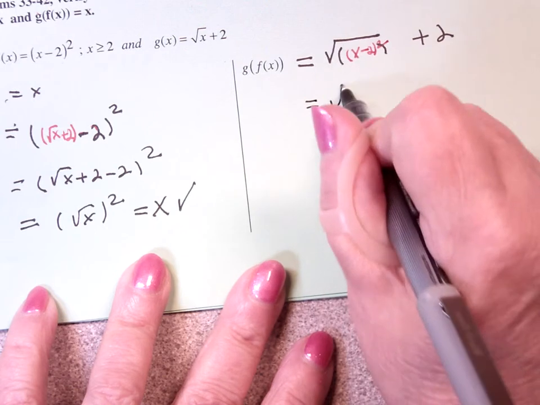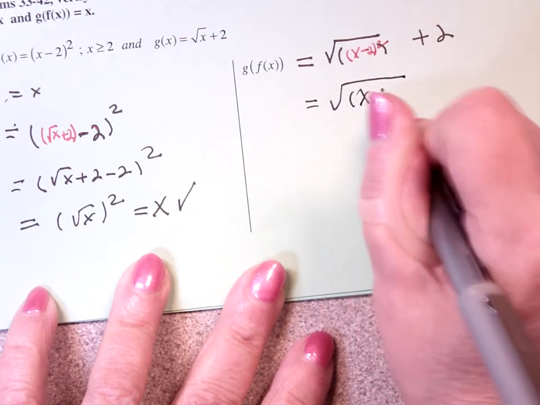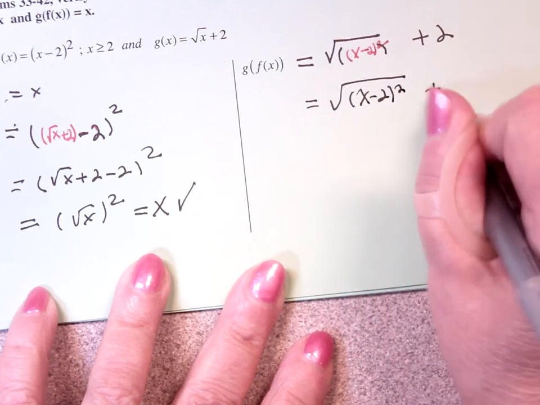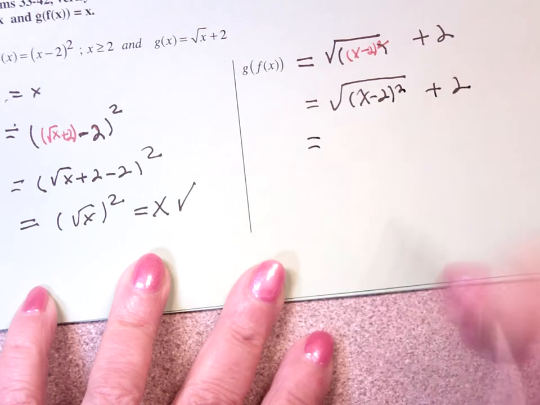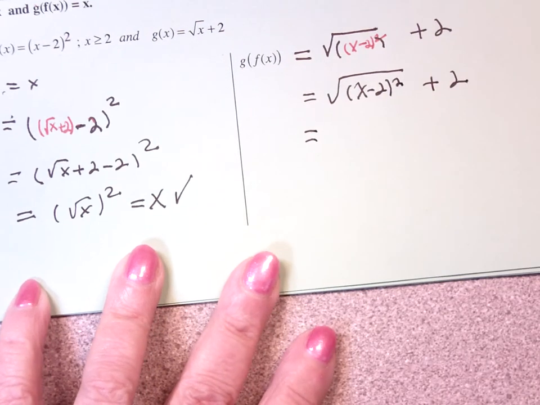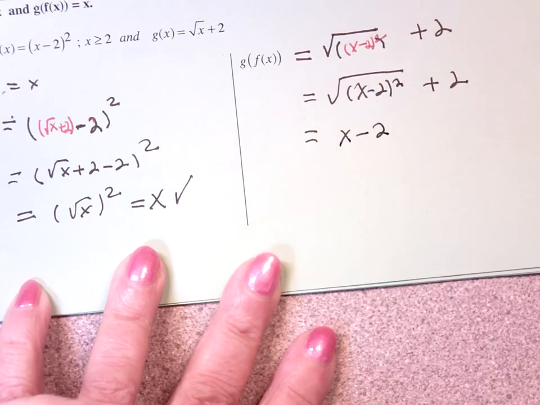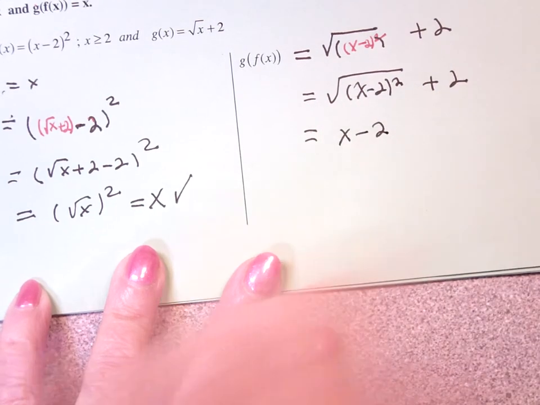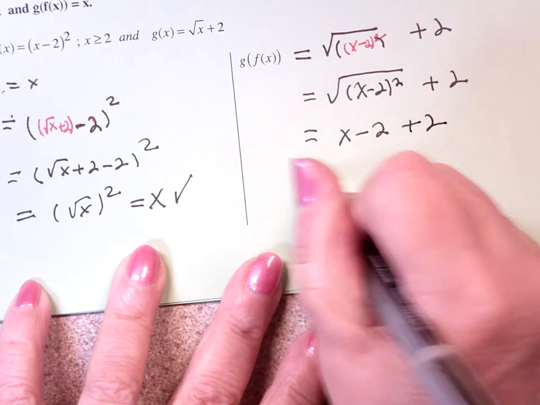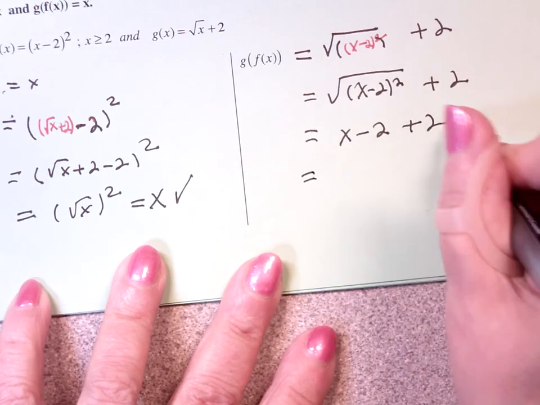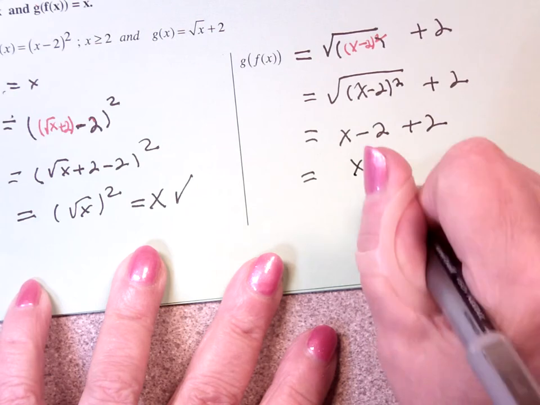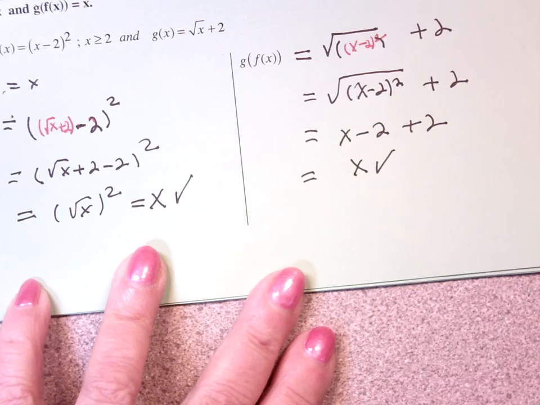So I'm going to have the square root of x minus 2 the quantity squared plus 2. And what's the square root of x minus 2 the quantity squared? X minus 2, because they really are inverses of each other. One does the other. Plus 2, and minus 2 plus 2 is 0, and it's x, and it verifies. And it should, because the other one did.